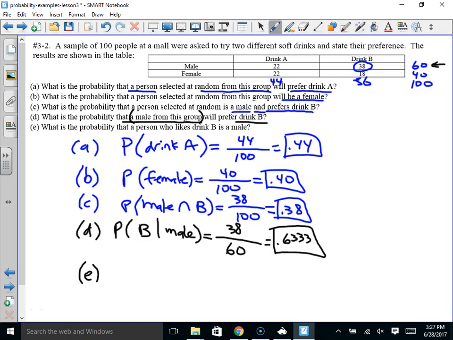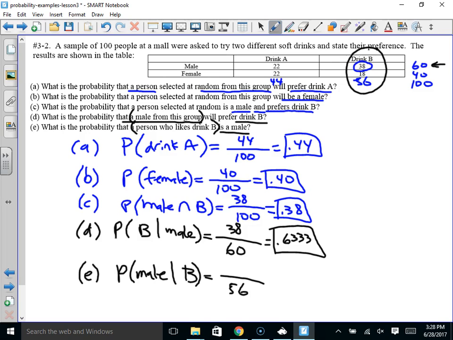Okay, let's look at the last one here. It says, what's the probability that a person who likes drink B is a male? If I were to put this in parentheses, it would still make sense. What's the probability that a person is a male? That's what we're finding the probability of. The probability that the person is a male, given that they like drink B. So in that case, we're talking about restricting ourselves to the B column, and that means out of the 56 people who like B, how many of those were male?